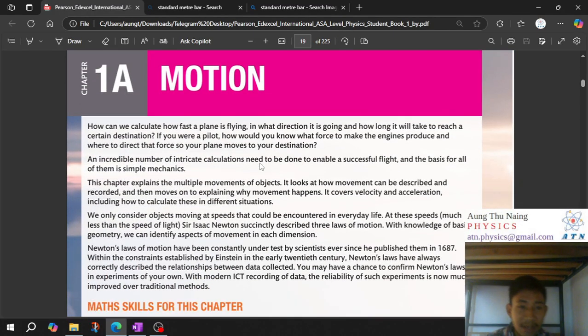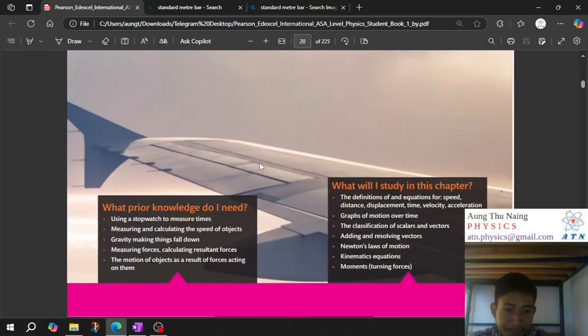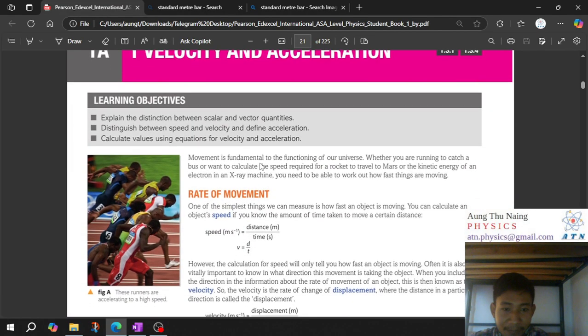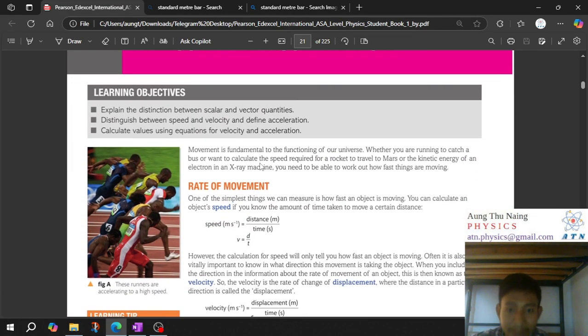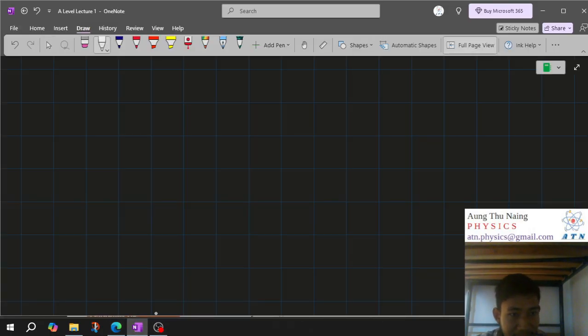At first, I will write down the definition of motion. I think there is no definition of motion in this textbook. So, in general, motion is the change in position. If an object moves, it changes position.